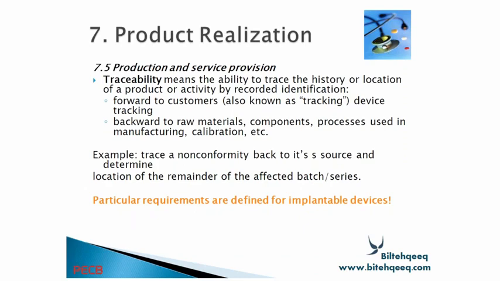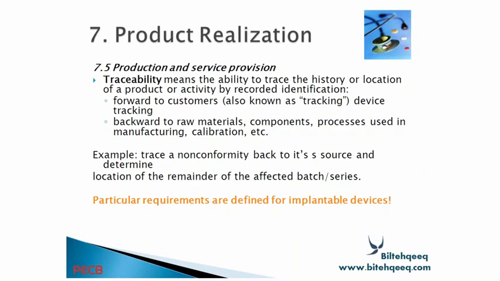Traceability means the ability to trace the history or location of a product or activity by recorded identification: forward to the customer, also known as tracking or device tracking, and backward to raw materials, components, processes used in manufacturing, calibration, etc. For example, trace a nonconforming product back to its source and determine the location of the remainder of the affected batches.